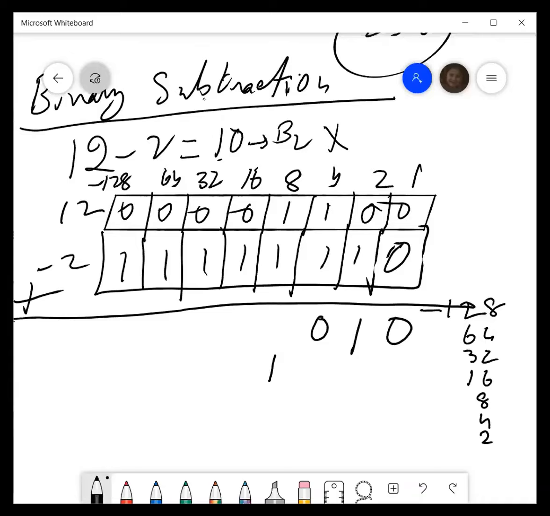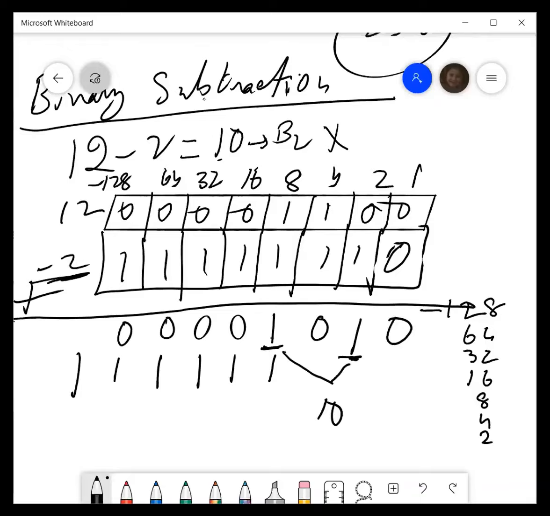Then 1 plus 1 plus 1 is 1, carry 1. 1 plus 0 is 0, carry 1. 1 plus 1 is 0, carry 1, and so on. So 8 plus 2 equals 10. And you know 12 minus 2 is equal to 10. So that is how we do binary subtraction.